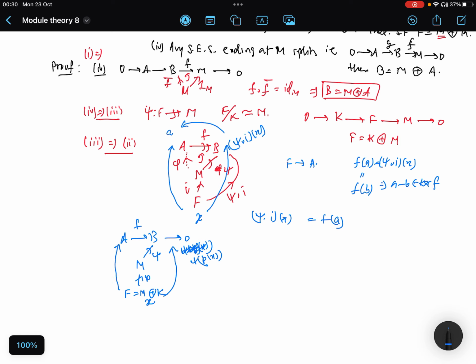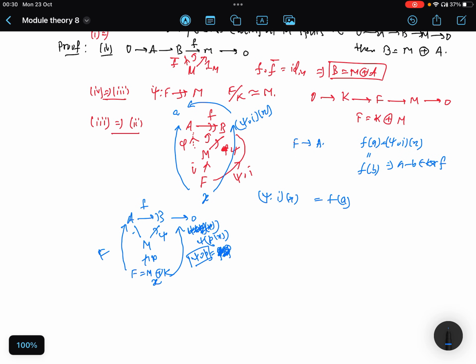Let's call this map F tilde, the module map from the free module. Then it's easy to see that you can define a map from M to A: take any element of M, and you can identify that element as an element of F because you have this inclusion map in the other direction.